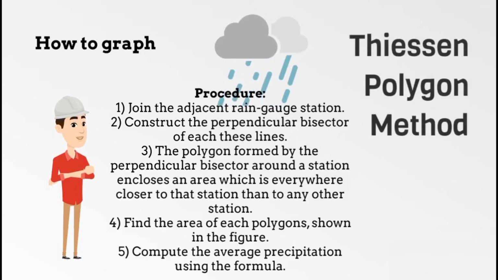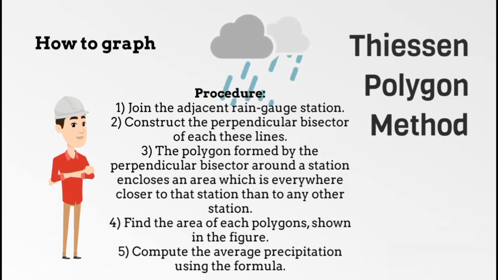Graphing the Thiessen polygon method. First, join the adjacent rain gauge stations. Second, construct the perpendicular bisector of each of these lines. Third, the polygon formed by the perpendicular bisectors around a station encloses an area which is everywhere closer to that station than to any other station. Fourth, find the area of each polygon shown in the figure.